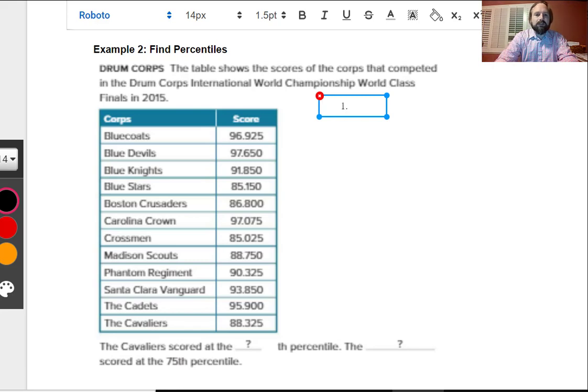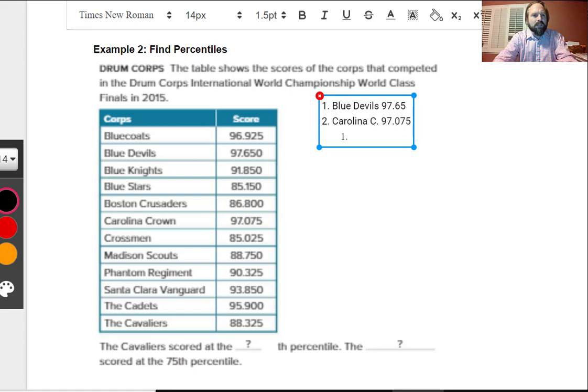So we're going to write down Blue Devils at 97.65. The next score we have is going to be 97.07. So Carolina Crown at 97.75. And we're just going to go down through this list.